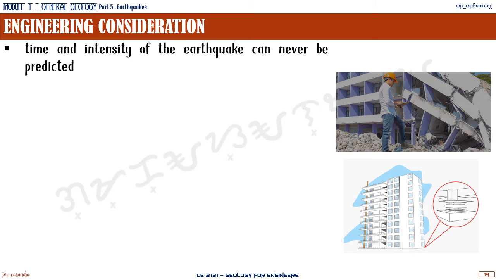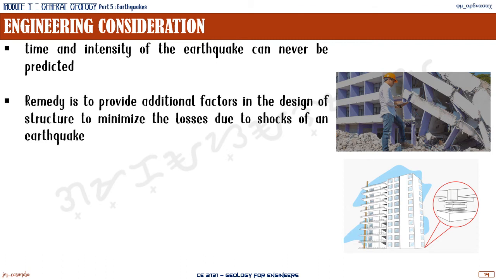So that would be very helpful later on during our design or planning of a site or of a building. So the remedy for us now, since we can never predict when and where an earthquake will happen, is to provide additional factors in our design of structure in order to minimize the losses due to shocks of an earthquake or minimize the damage that our structure would experience.